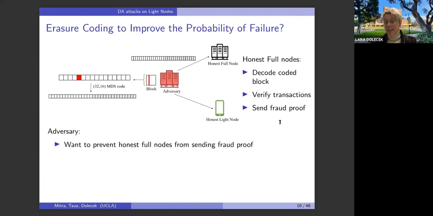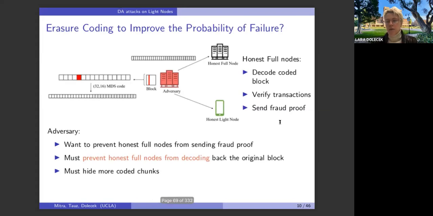So what the adversary really wants is not to be revealed. So he wants to prevent honest full nodes from sending a fraud proof in the presence of hidden information. So it must prevent honest full nodes from decoding back this original block.